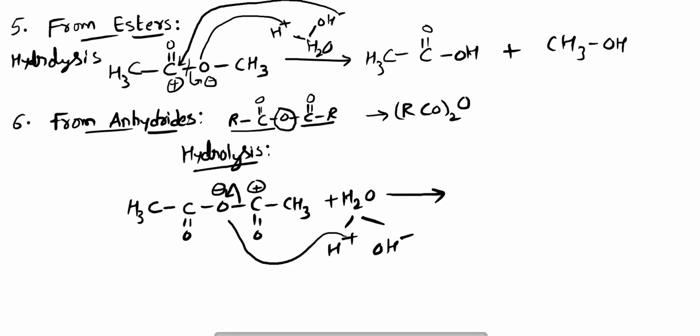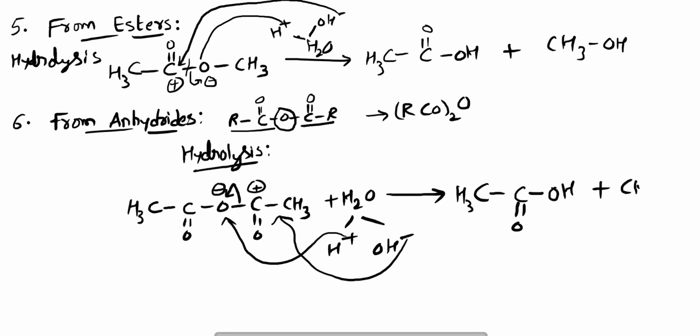Positive attacks on negative, negative attacks on positive. So we get CH3COO. This O is negative, negative gets positive H. Similarly CH3CO, C is positive, attacked by OH. So we get CH3COOH. So we get carboxylic acids. From anhydride also it is carboxylic acid only.